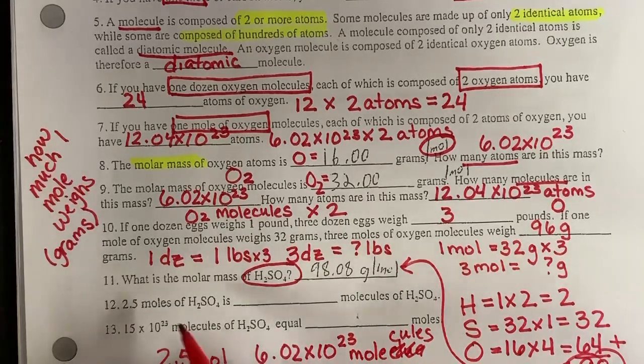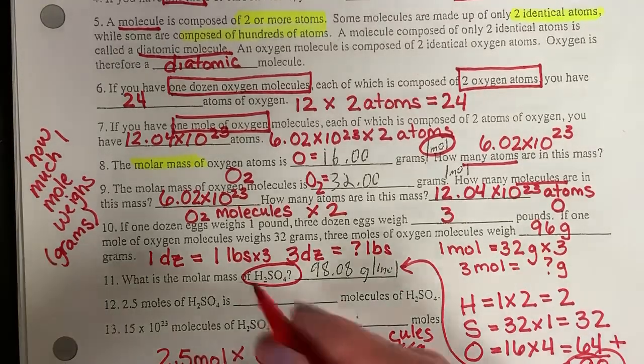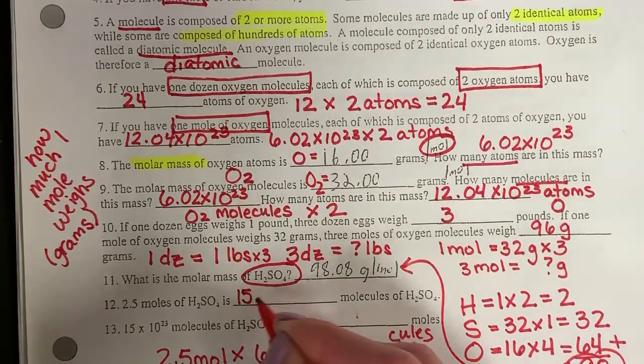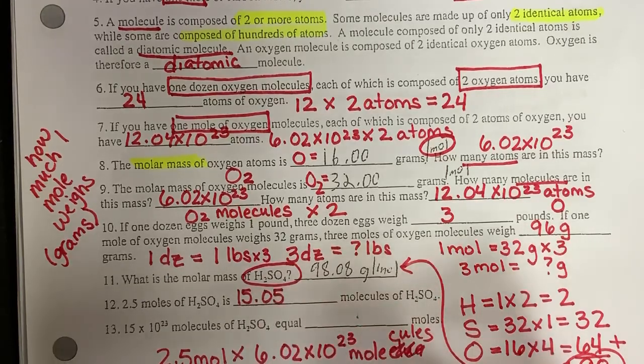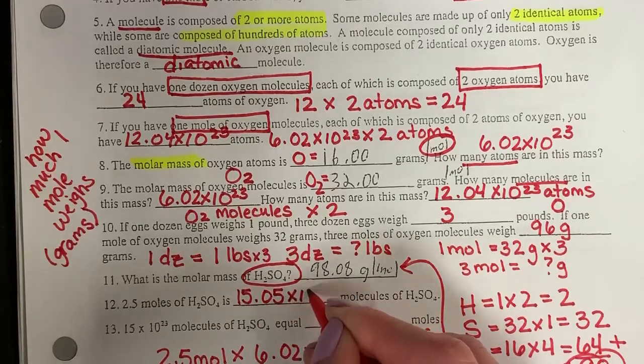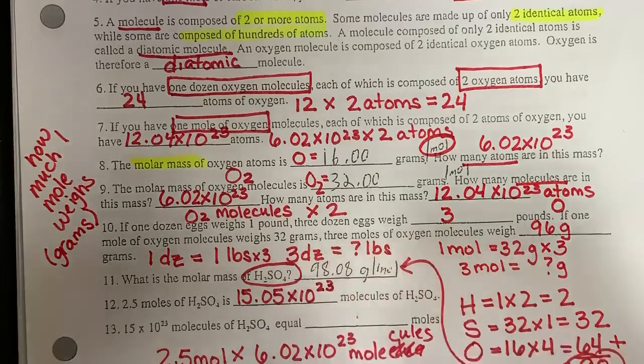So if I wanted to find out how many molecules I had in that many moles, I just multiply. 2.5 times 6.02 times 10 to the 23rd, I should get 15.05 times 10 to the 23rd.